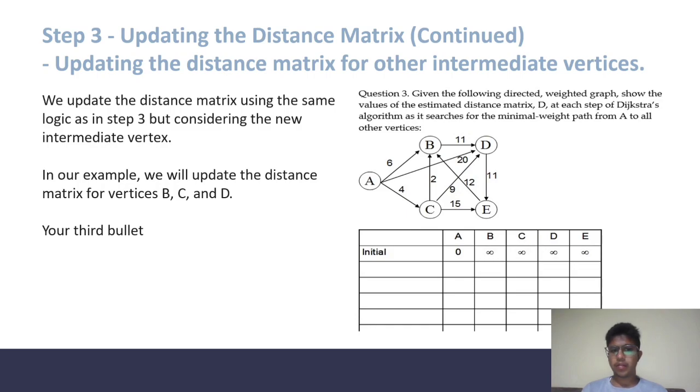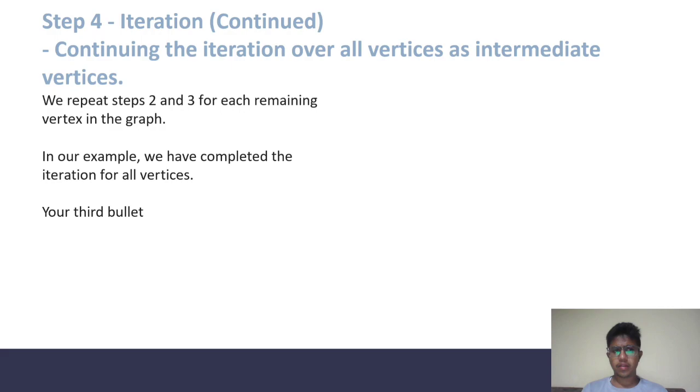In our example, we will update the distance matrix for vertices B, C and D. Continuing the iteration for each remaining vertex in the graph.